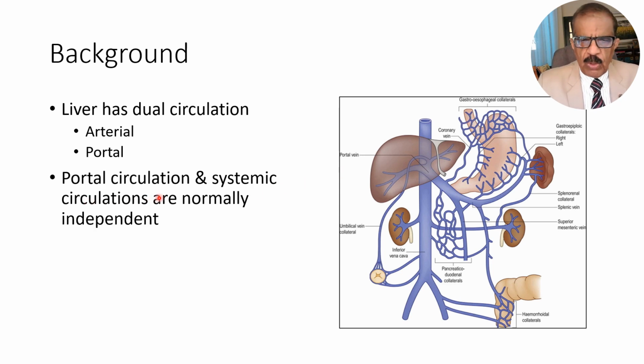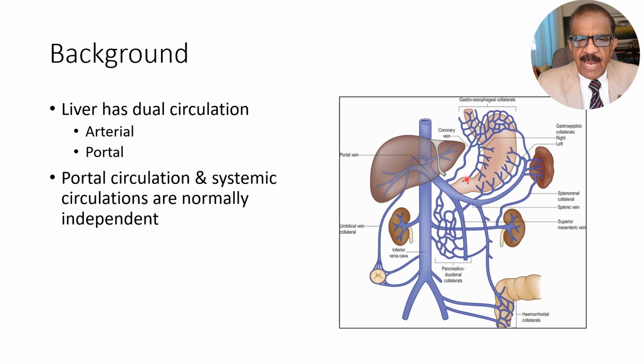So the portal circulation and the systemic circulations are normally independent. In the lower part of the esophagus, there are certain veins which drain into the azygous vein because they belong to the systemic circulation. The esophagus is only a conduit. It has no digestive function.